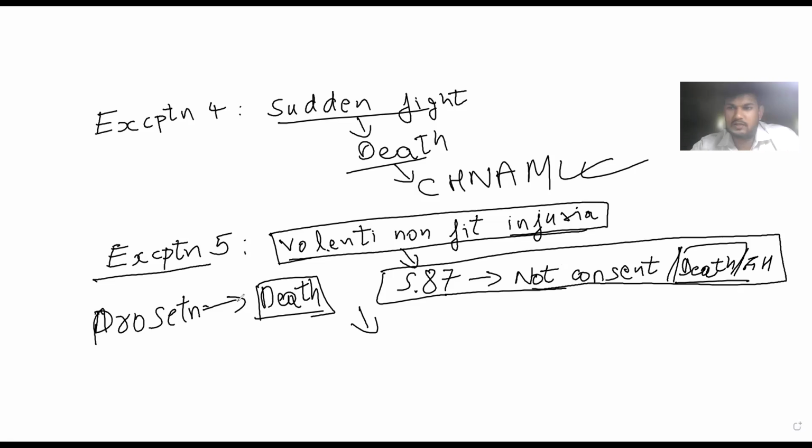Suppose the prosecution has been able to prove section 299, then section 300, death.